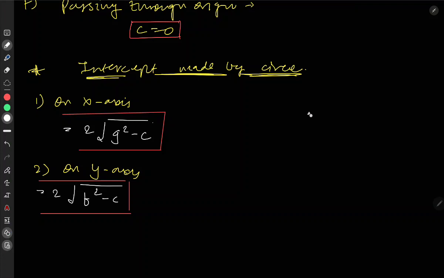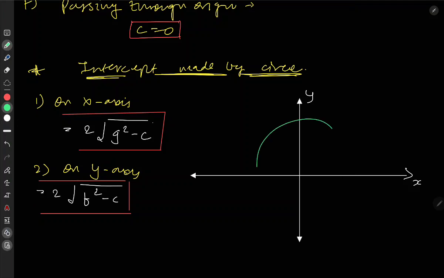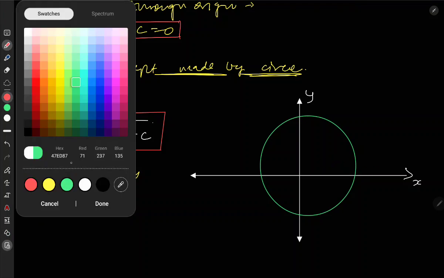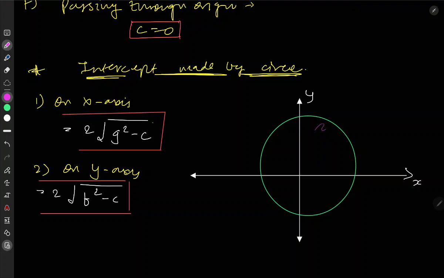Let us draw the graph of the equation of a general circle. This is the x-axis, this is the y-axis, and let this be a circle. Now the x-intercept, let me take another color to help you understand.